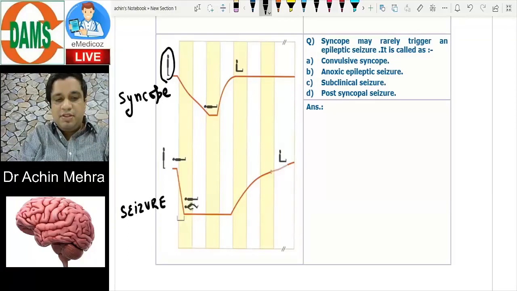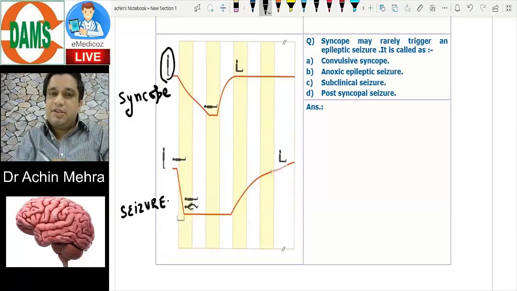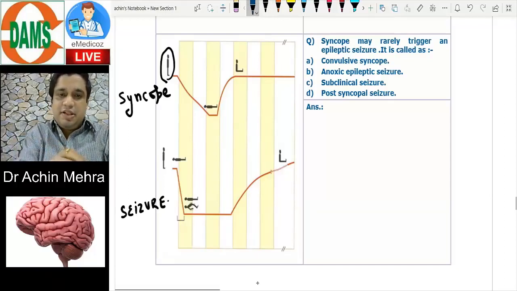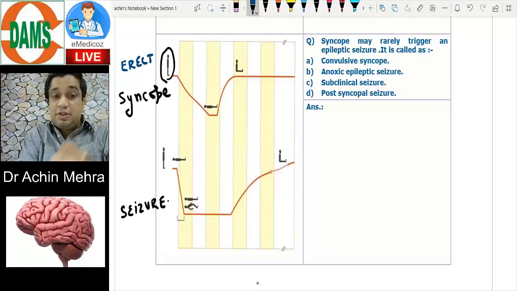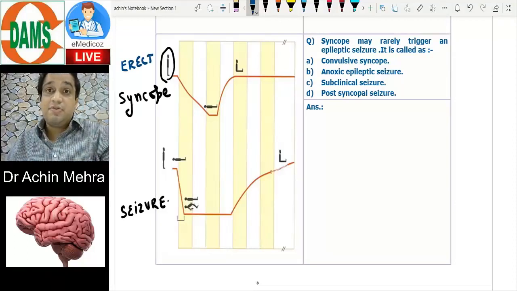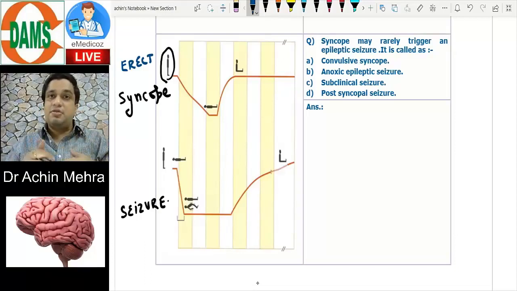Now, as you can see in this image, the very first thing is that in a patient of a syncopal attack or syncope, we find that they are most of the time in an erect posture at the onset. If you stand, the venous return towards the heart will obviously be lower than in a lying down posture, maybe even a sitting posture.